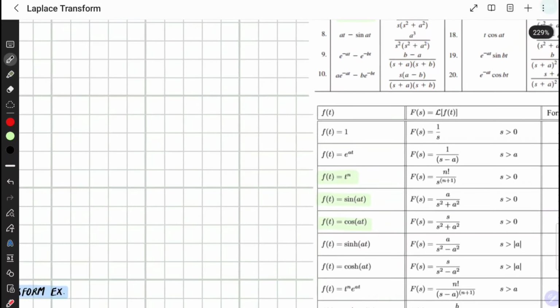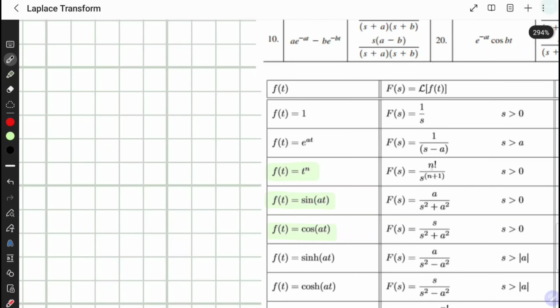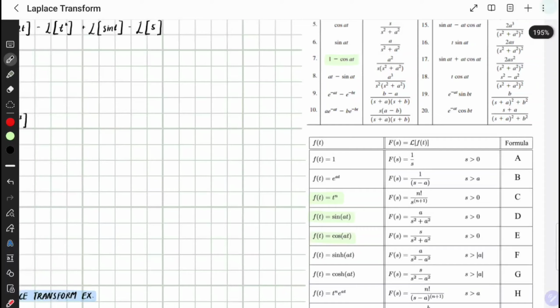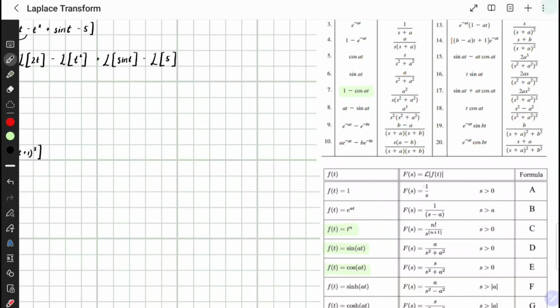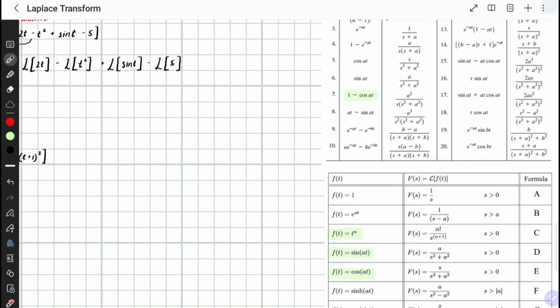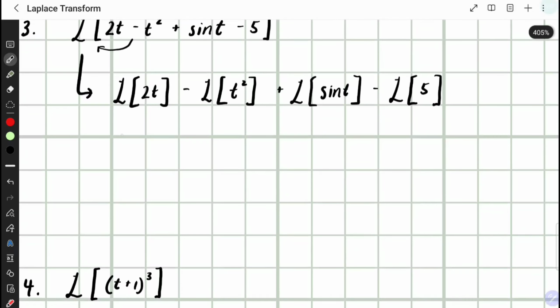In this case, n is 1, t to the first power. If you plug in 1 for n, 1 factorial is 1, s to the 1 plus 1, that's s squared. So the Laplace transform of t to the first power is just 1 over s squared. So that's the same thing as 2 times 1 over s squared.